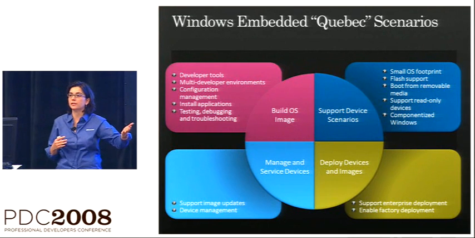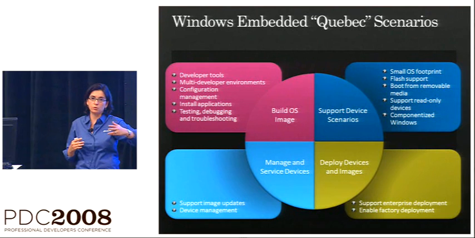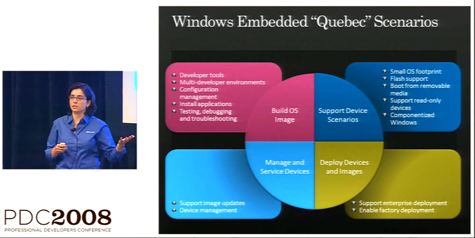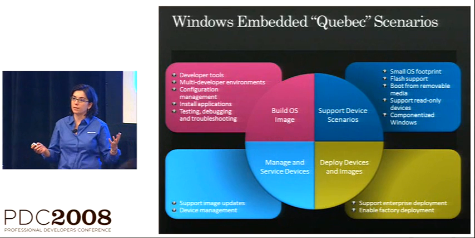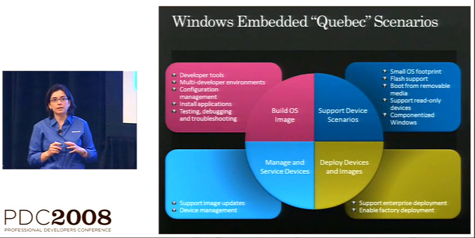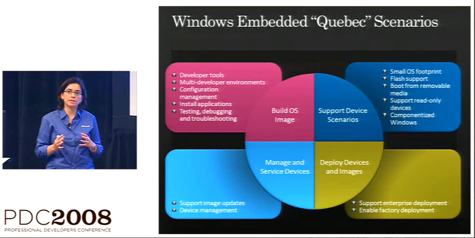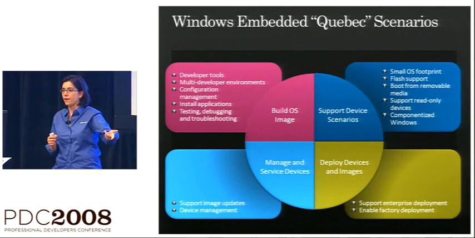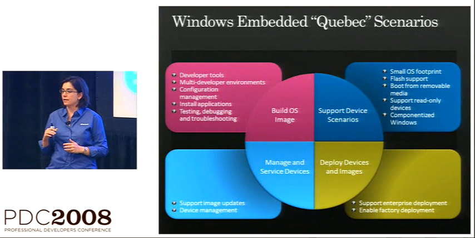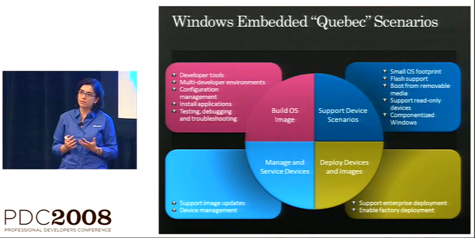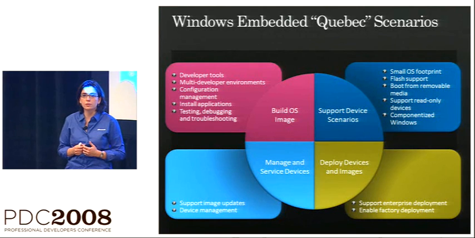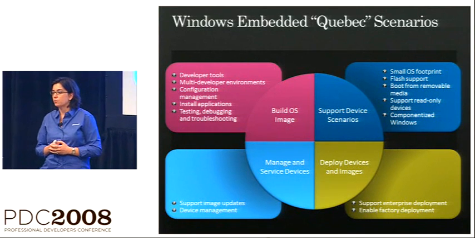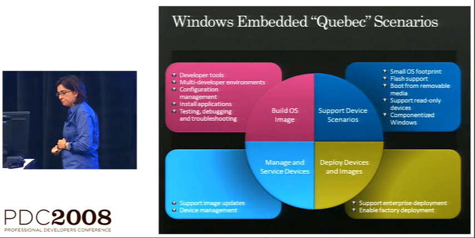And once they go to the field, you need to be able to service them, to rev the image, to deploy some security updates possibly, or some application updates, or in some cases, OEMs want to have the flexibility to sell services or sell optional components to their end customers. And in Quebec, we have thought through many of these scenarios, and we've worked closely with our customers and used feedback from customers like you to enable many of these scenarios.